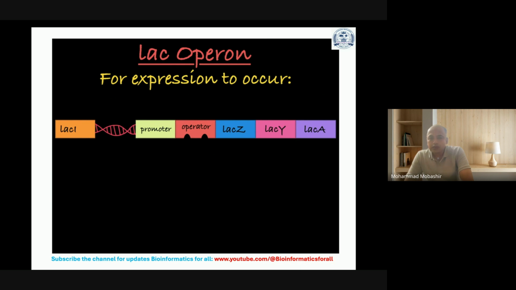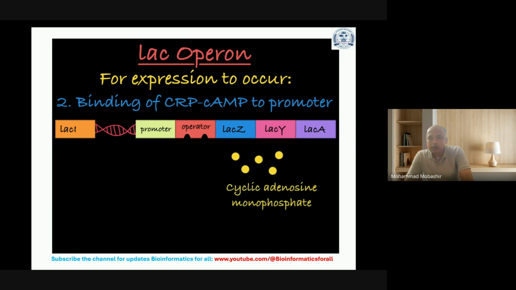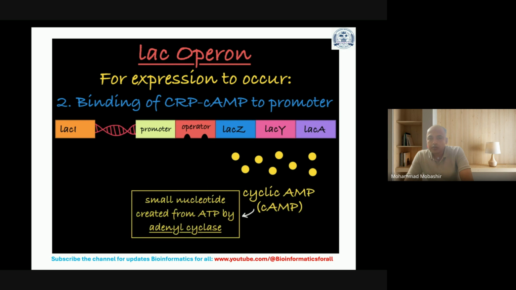The second thing that needs to take place for the lac operon structural genes to be transcribed is the binding of the CRP cyclic AMP complex to the promoter. Cyclic adenosine monophosphate, also called cyclic AMP, is a small nucleotide that is synthesized from ATP by the enzyme adenyl cyclase.